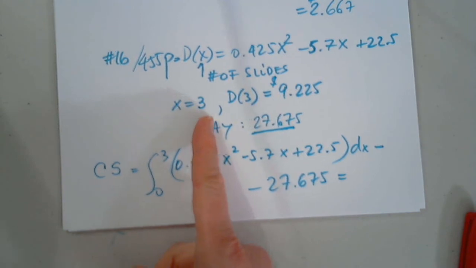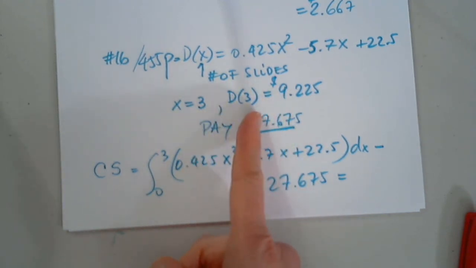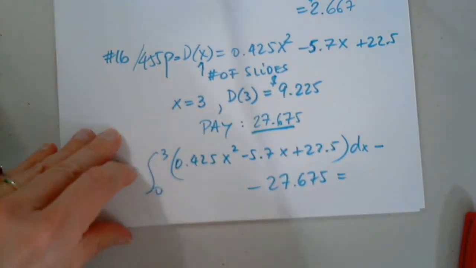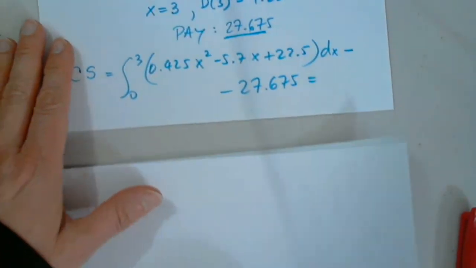I'm thinking for a second. So the price for 3 is that, and that's the area. Very good. We have that, and now we have to continue.